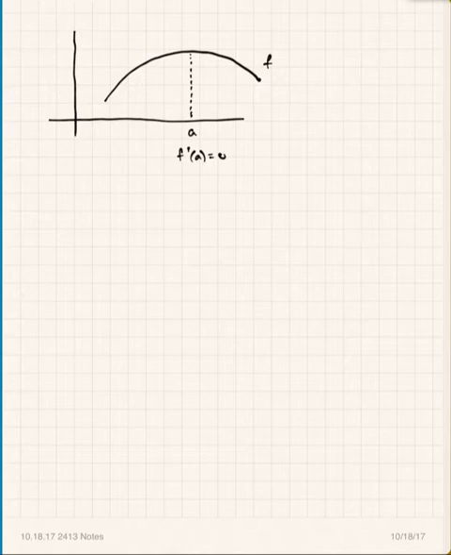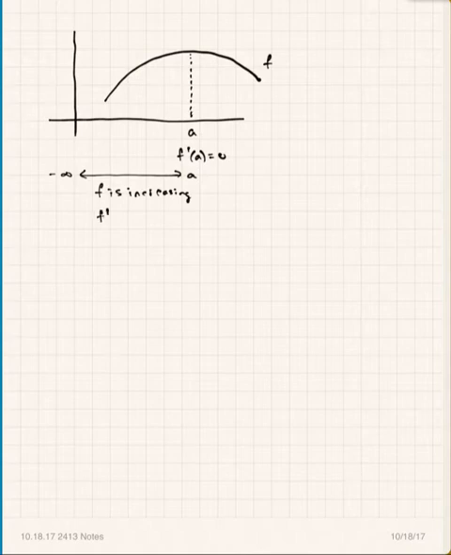All right, and then what do we have before a? From negative infinity to a in this interval, the function is increasing, so f is increasing in that interval. Right, the function's rising, and so what do we know?